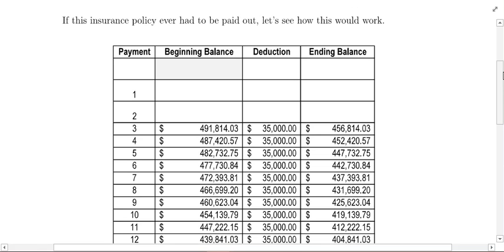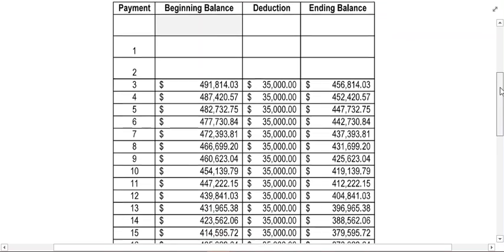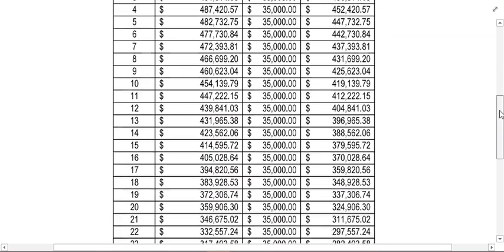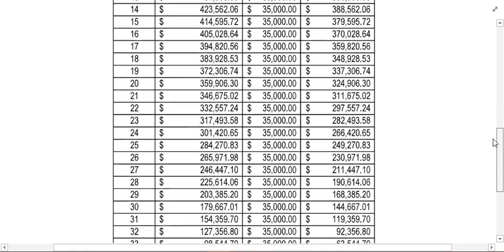So remember I told you you can think of this life insurance policy as like an account that John's wife and child would be paid out of. So that every time that there is a payment, there's going to be a beginning balance to the account, okay, and that's going to be in this column. And then there would be a deduction of $35,000, okay, a payment made to the wife and child. So if you look at the deduction column, every time there's a deduction or a payment made to the wife and child, it's going to be $35,000, okay?